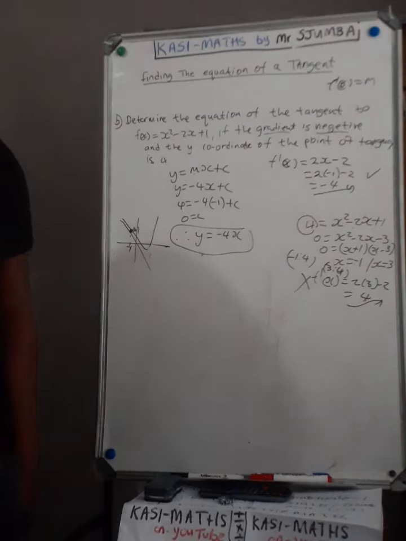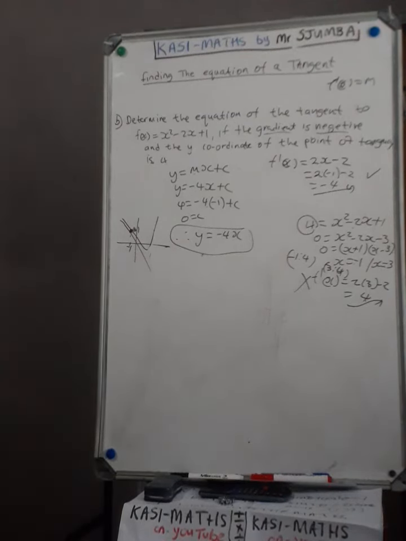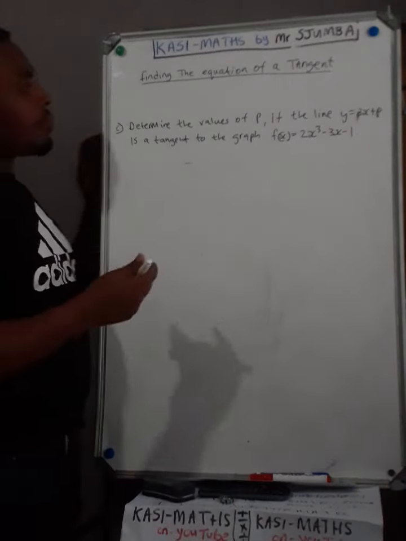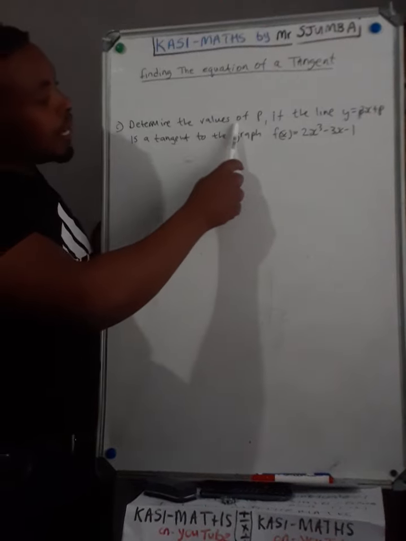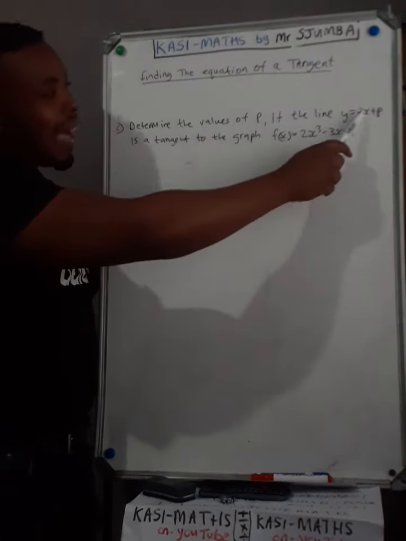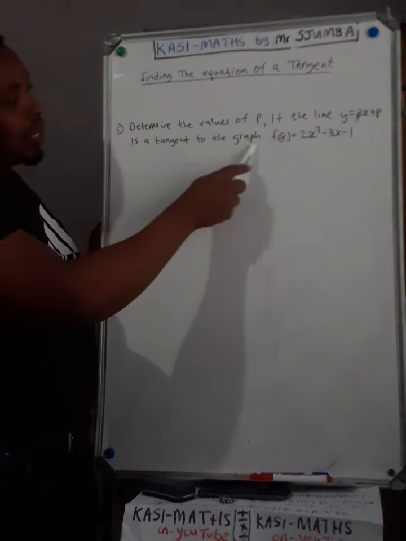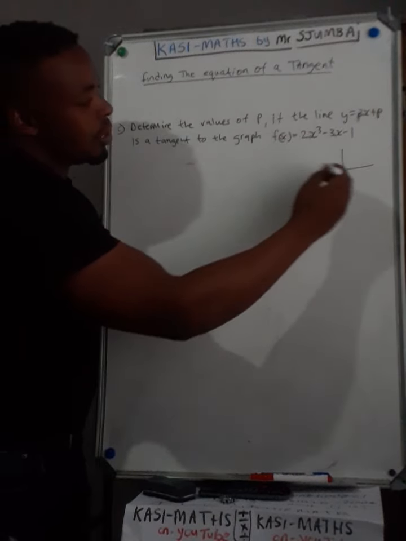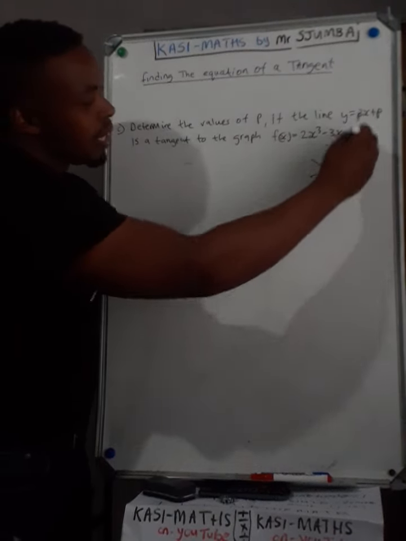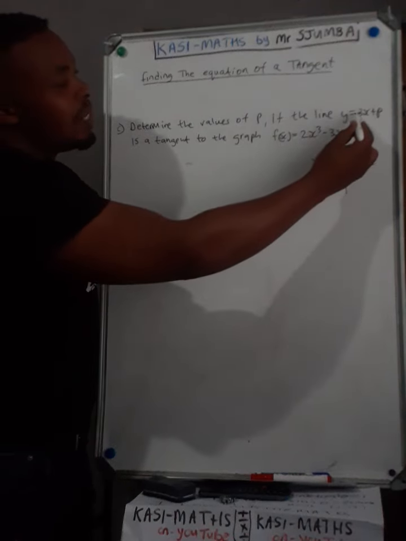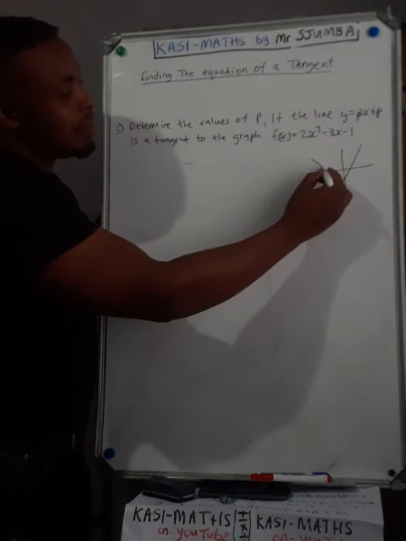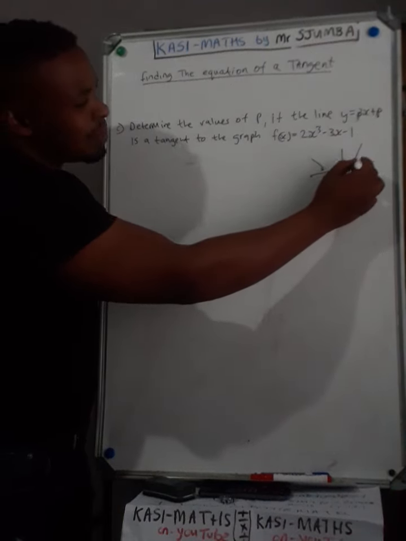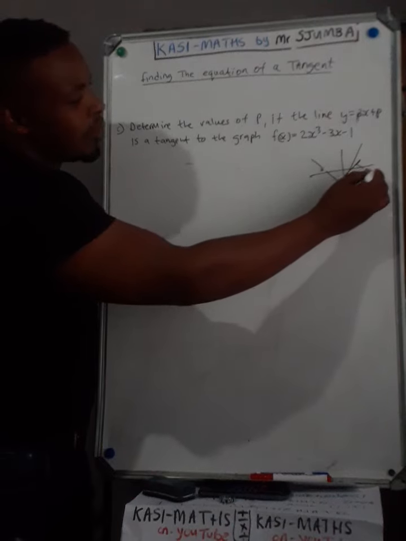So let's look for the last example. In this example, we have to determine the values of P if the line is a tangent to the graph of F. Ne? So we have a graph of F kanje mhlampe cross kanje, and then we have this line y is equal to 3x mhlampe, because in a positive gradient thingy draw so mhlampe we have this tangent y is equal to 1.